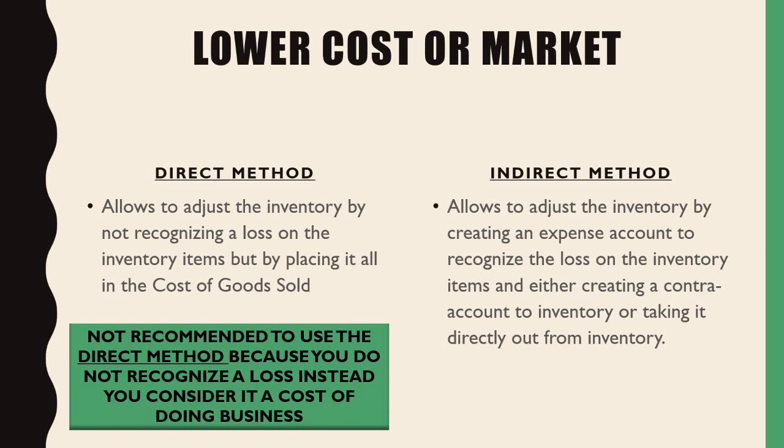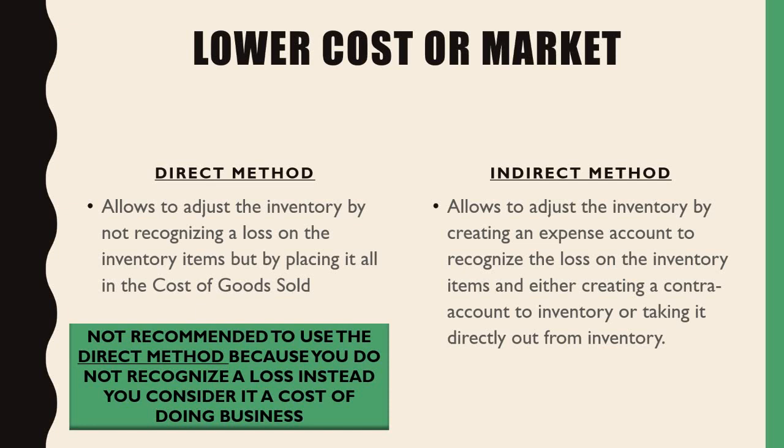So first one, the direct method. It allows you to adjust the inventory by not recognizing a loss on the items, but by placing it in an all-in cost of goods sold. So in this case, we don't even recognize the loss at all.